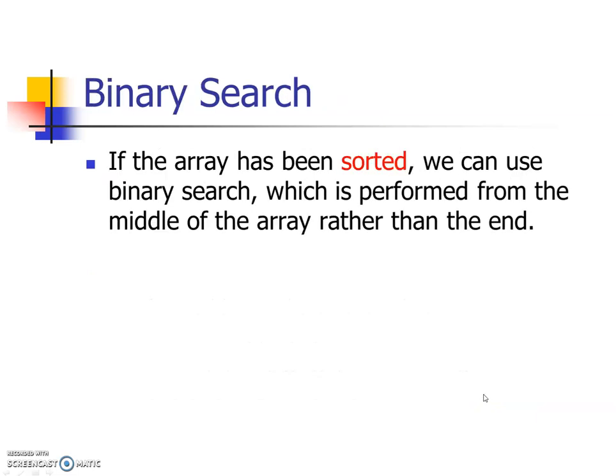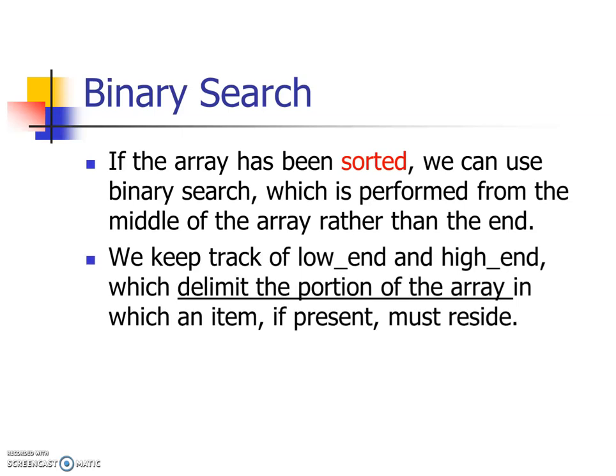Let's see something different. We have the same problem, which again is to find the value of x in an array A and report the index of x. This time the array is sorted. In this case, we can do something else.